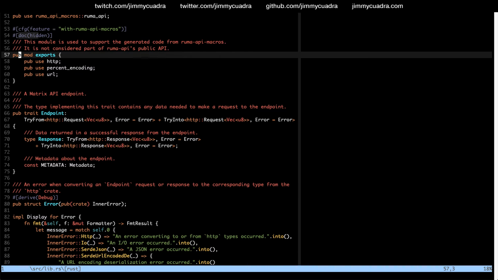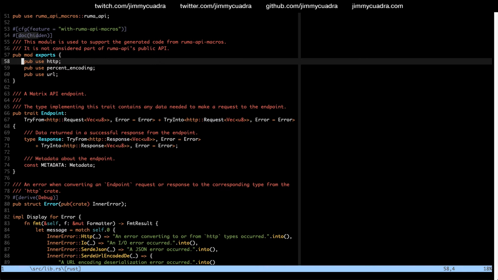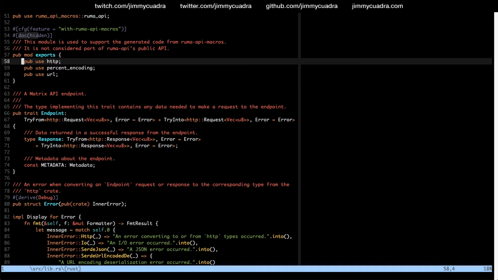And there's no way for me to say something like pub(ruma-api-macros). This is sort of what I want, saying this is public but only to this other crate, but there's no facility in Rust for doing this. So the best thing you can do is just hide the documentation and say, do not use this unless you are me.